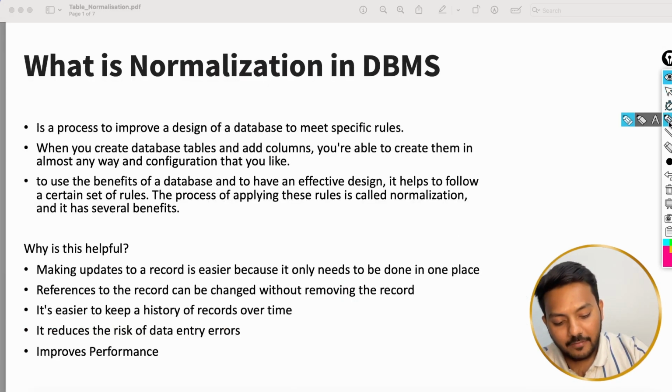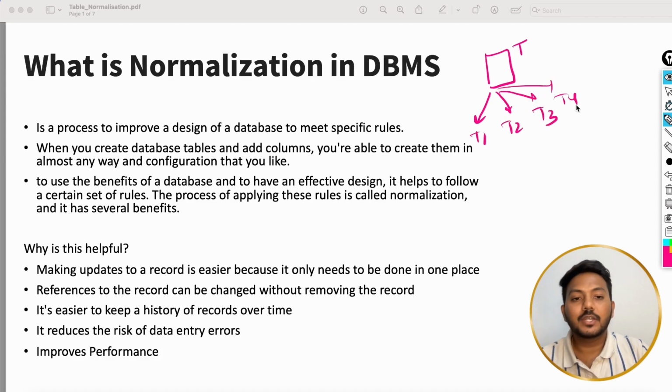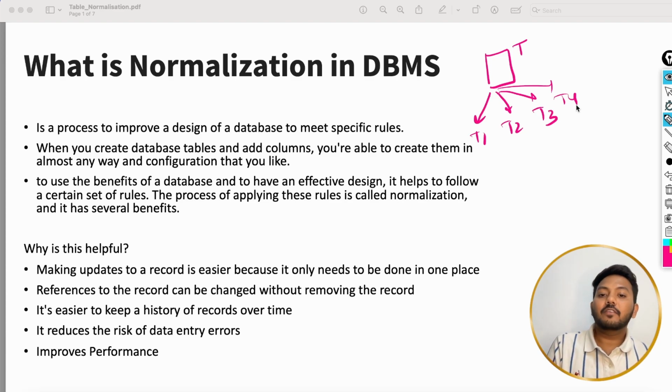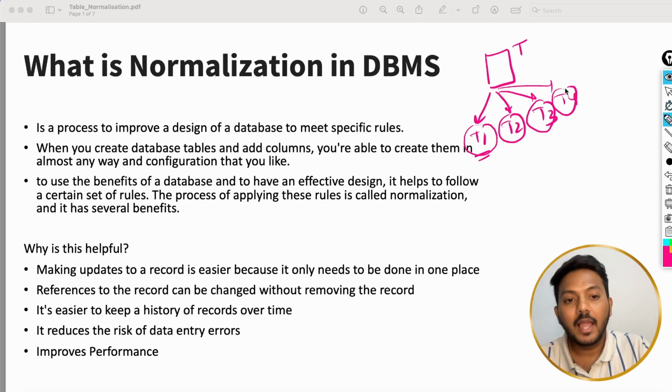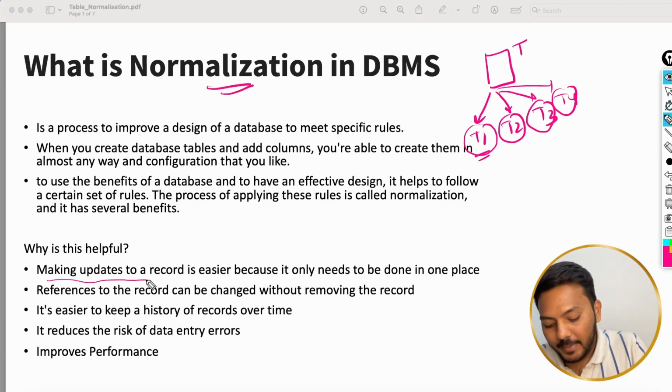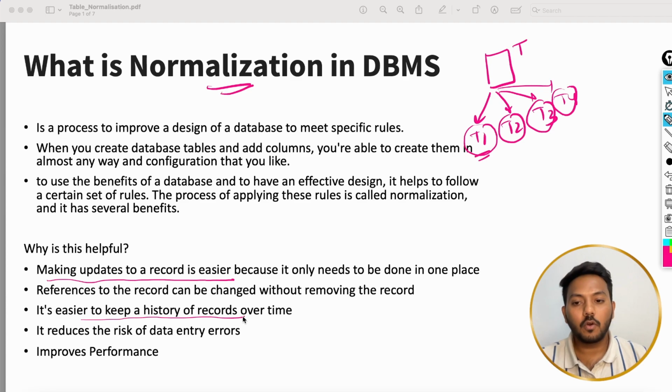So at a high level, normalization is a technique in which you split your big table into smaller tables such that you avoid data duplication and data redundancy, and it will be easier to store the data in much smaller formats as well. Normalization will also make updating records easier because we have multiple smaller tables, and it is easier to keep a history of records over time.